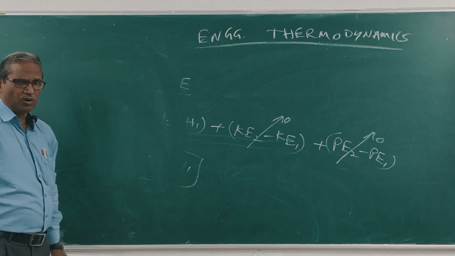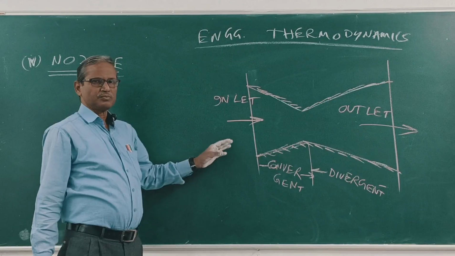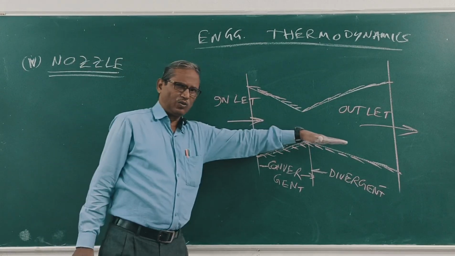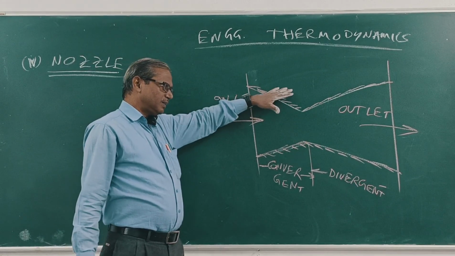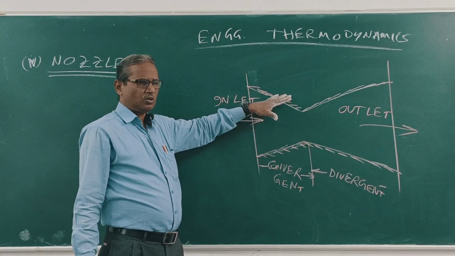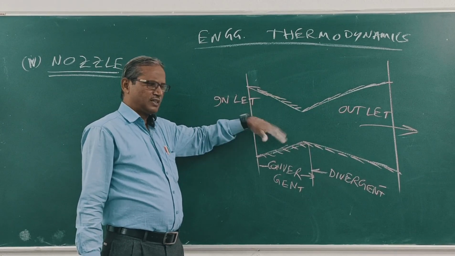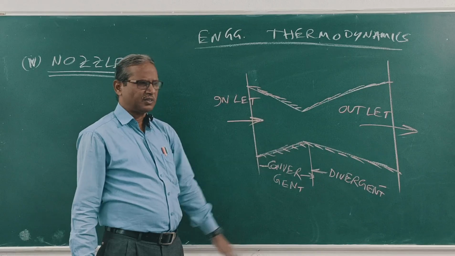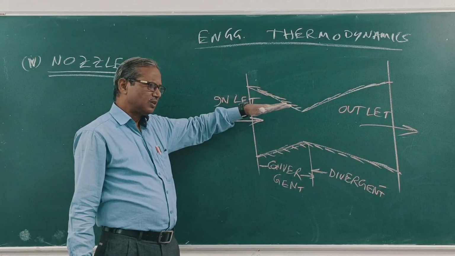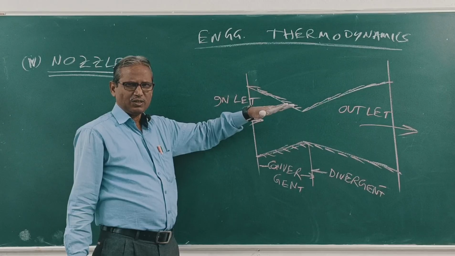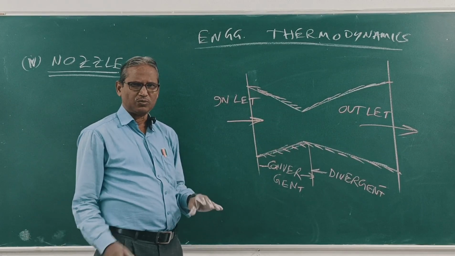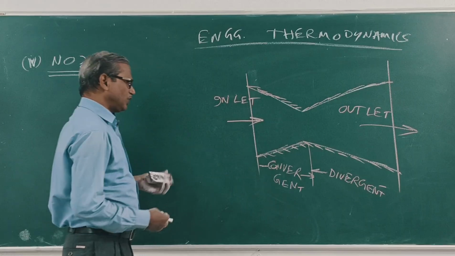Next, number 4, nozzle. This is a nozzle, this inlet, outlet. The process is insulated, so there is no Q. Heat transfer is 0. Neither receives heat nor leaves heat. Also, the nozzle is in horizontal position, so there is no change in potential energy. Also, the work done is negligible. Clear? So, what is a nozzle?